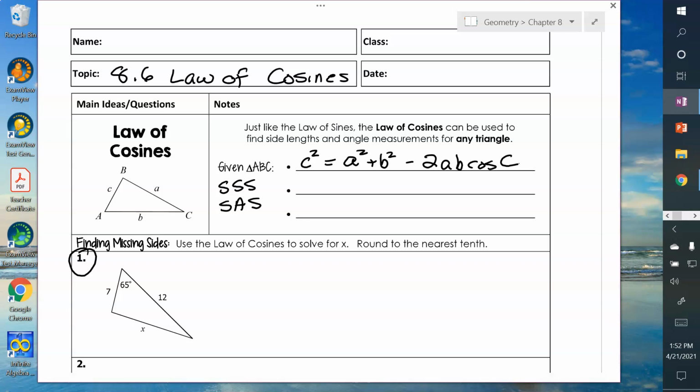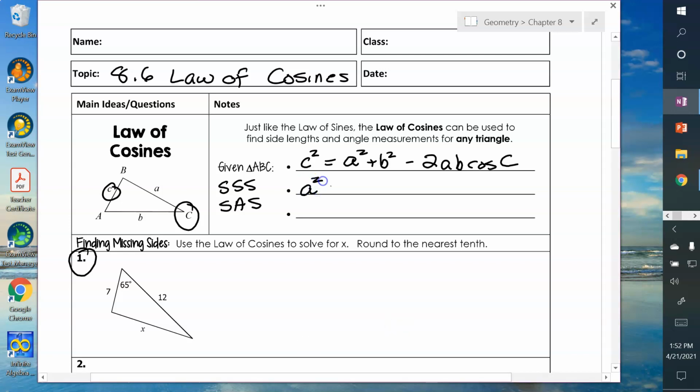If you're solving for little c, you would write it in this form. You take the other two sides, a squared and b squared, add those together, and then subtract 2ab times the cosine of c. So you would also need to know angle c. Let's say you're not looking for c. What if you're looking for a?